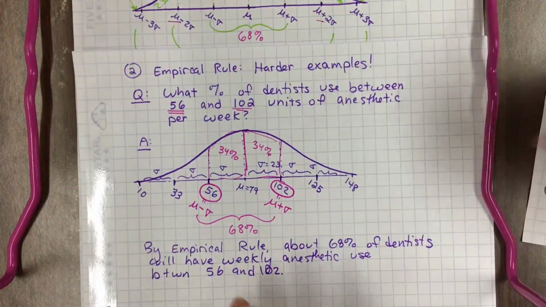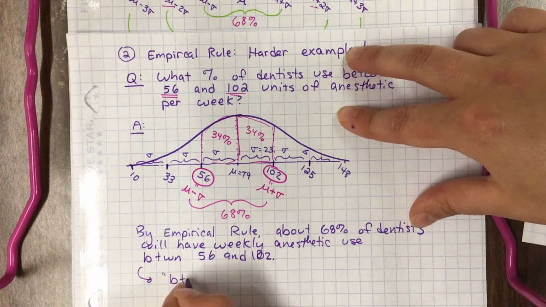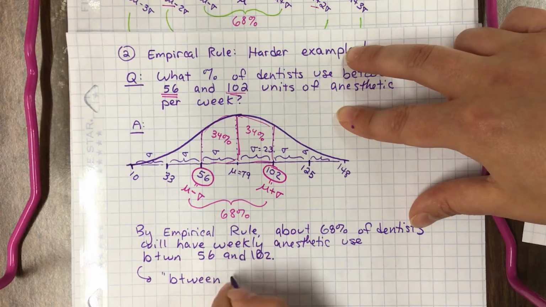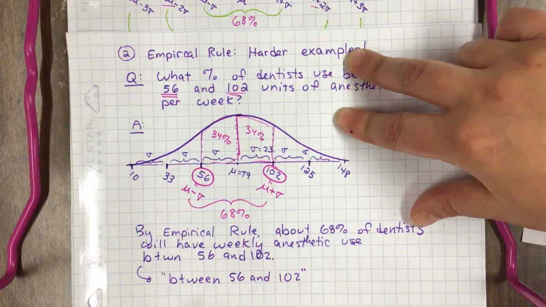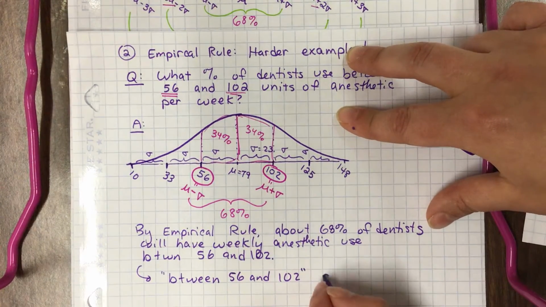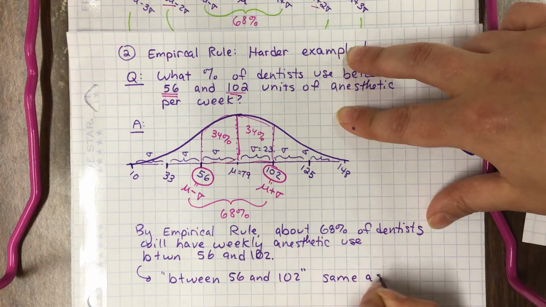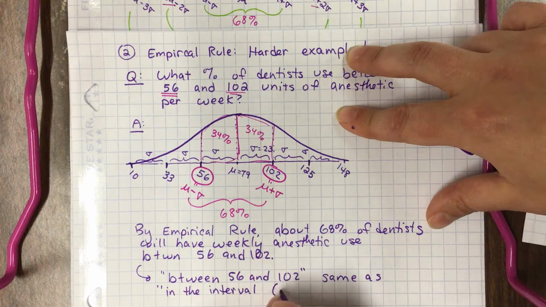Or, equivalently, instead of between 56 and 102, I could use some mathematical notation and say that's the same thing as in the interval from 56 up to 102.